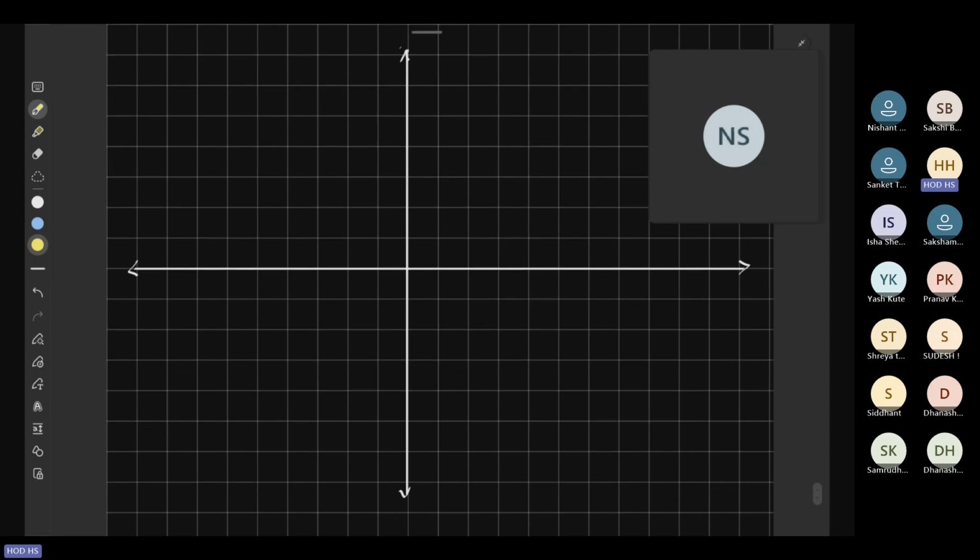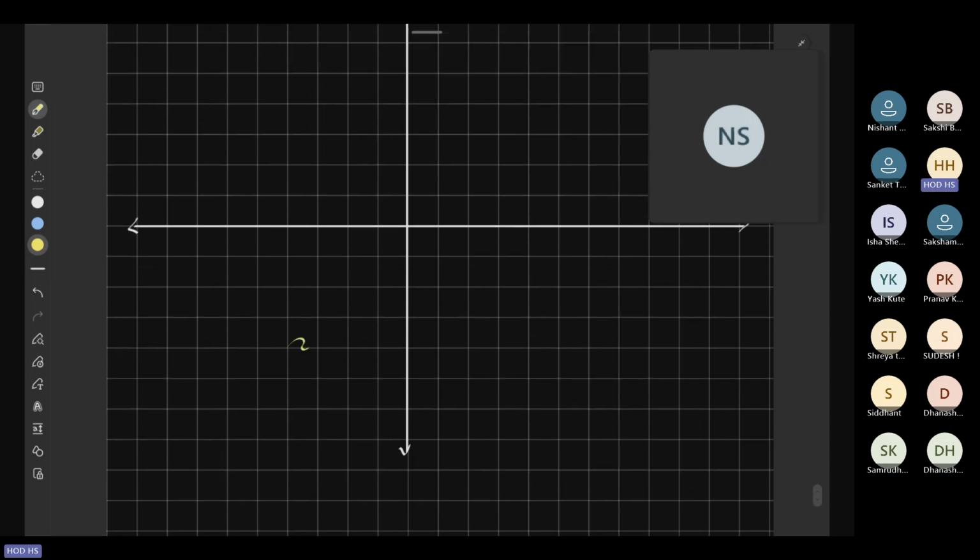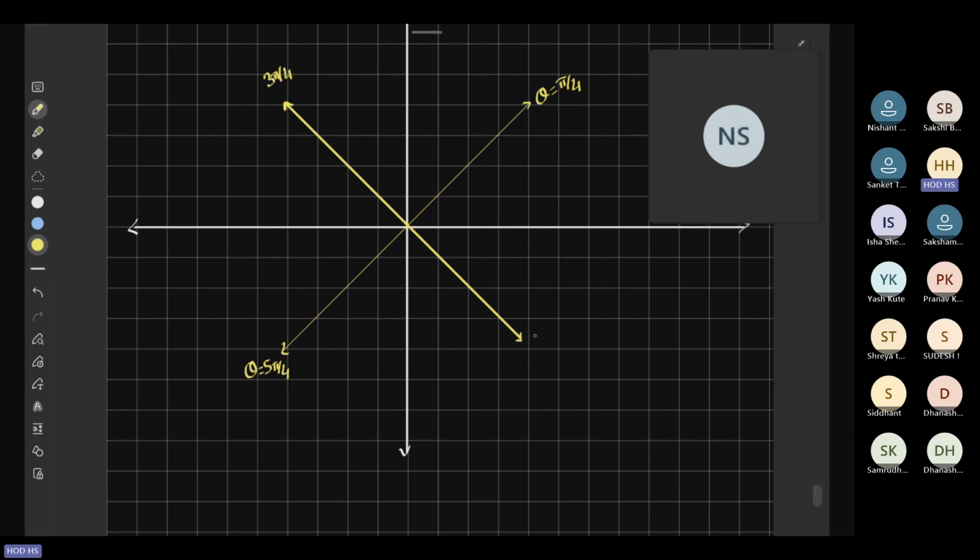So draw these poles. So this is my pole 1. This is my pole 2. So notice that this is theta is equal to pi by 4. Opposite to it, theta is equal to 3 pi by 4. Here it is not 3, it is 5 pi by 4. This is 3 pi by 4. And this is 7 pi by 4.